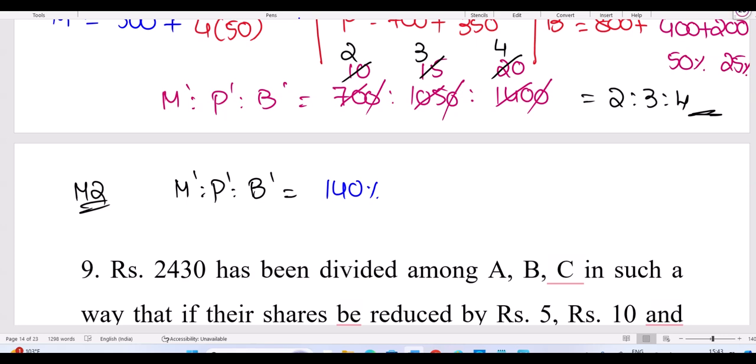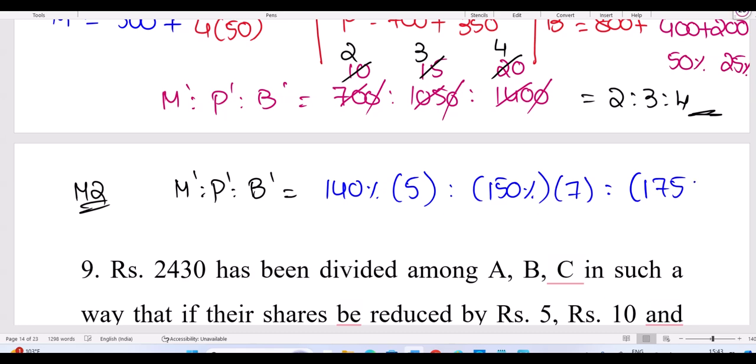For 140%, the 40% extra connects into 5, because for the previous value, 40% increase. What is the previous value? 5. For that, 40% increase. Here previous value is 7, for that 50% increase. Here previous value is 8, for that 75% increase.